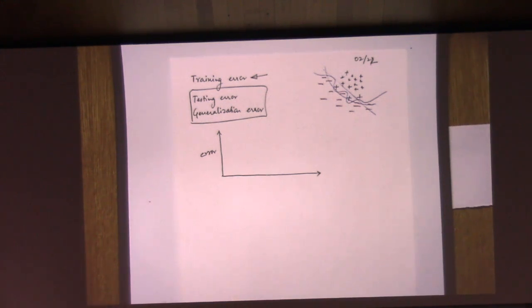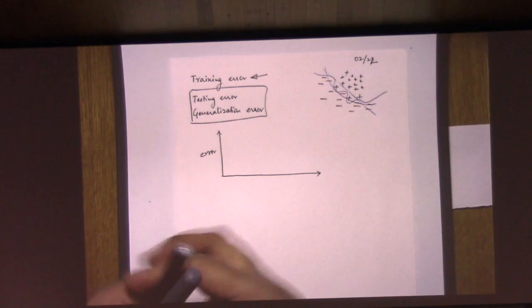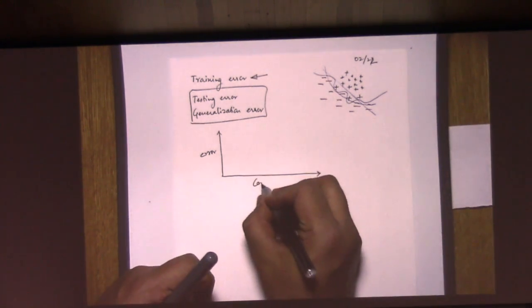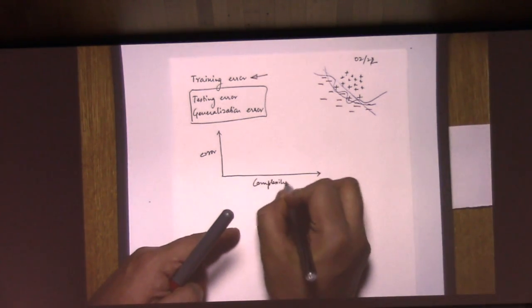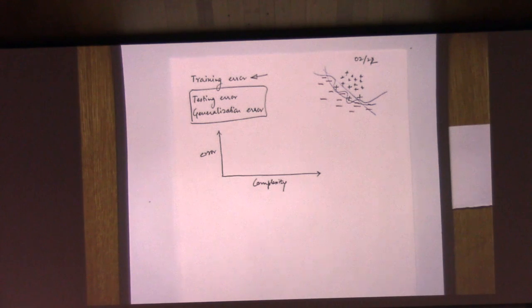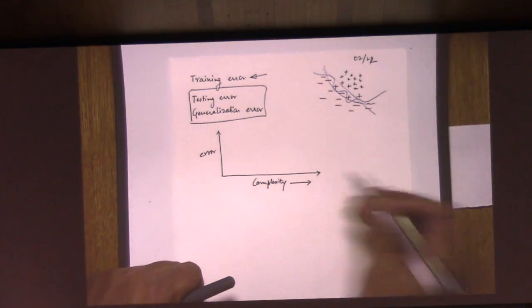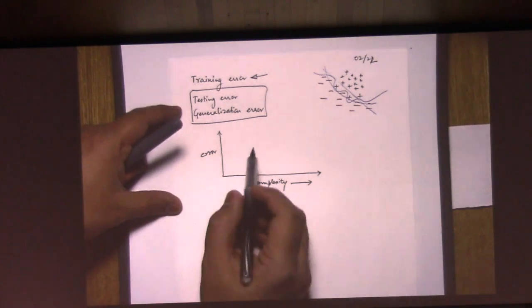So what happens is that as you increase the complexity of your model, or the complexity of your hypothesis space, so instead of just looking for lines, let's look for curves, your error will go down.